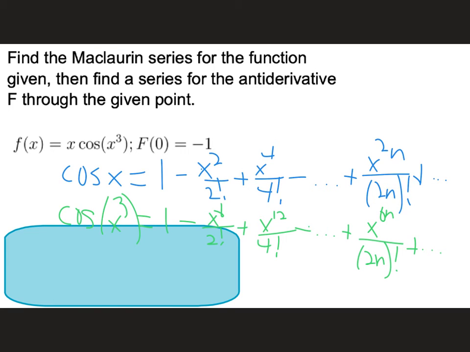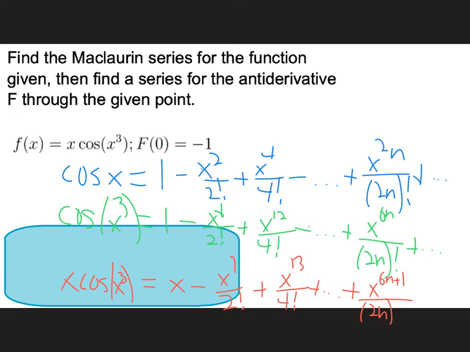And now I need to multiply by x. So that's going to be x cosine x cubed, which is x minus x to the 7th over 2 factorial plus x to the 13th over 4 factorial, plus x to the 6n plus 1 over 2n factorial, plus and so on.